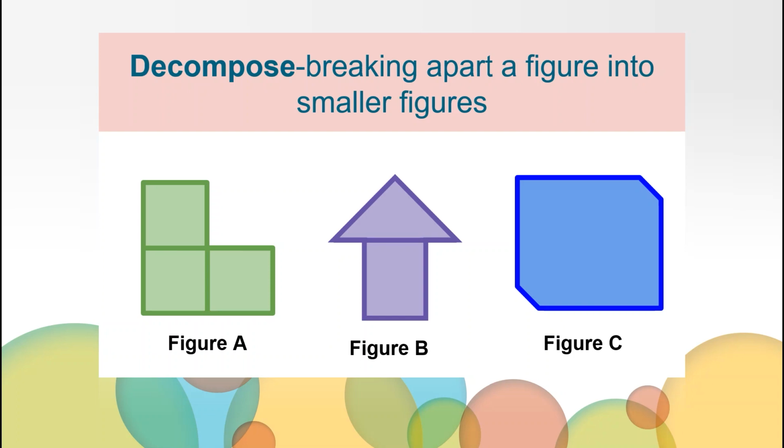One way you might choose to decompose it is by drawing 2 diagonal lines. By drawing these 2 lines, we have split this figure into 2 triangles and a rectangle. Now that we have an understanding of decomposing figures, let's see how this can help us solve real-world problems.